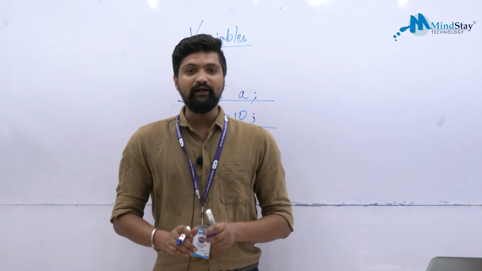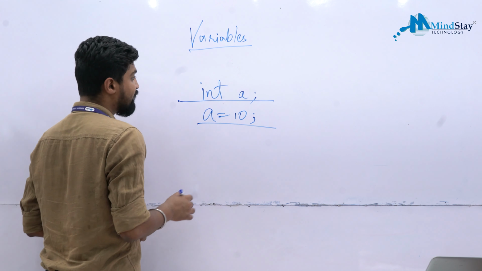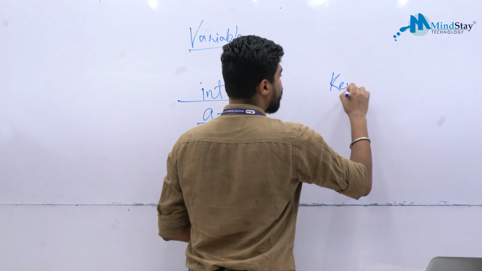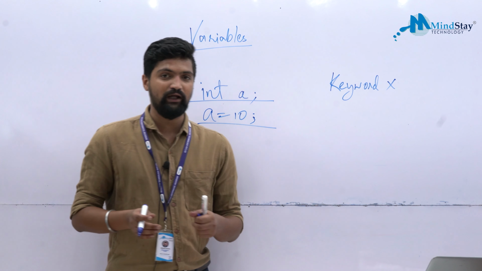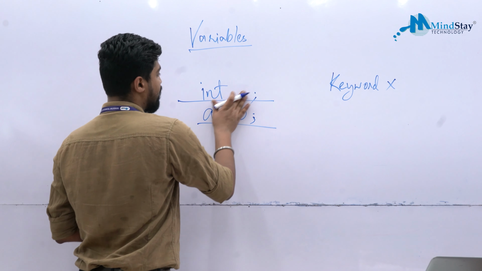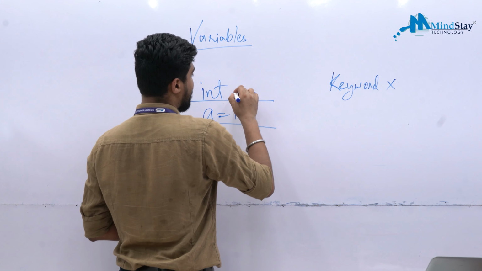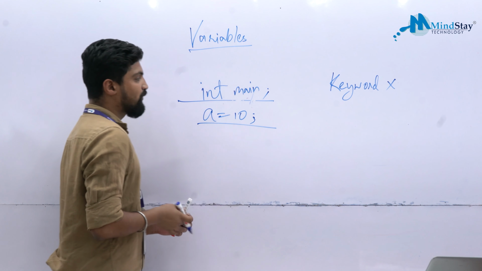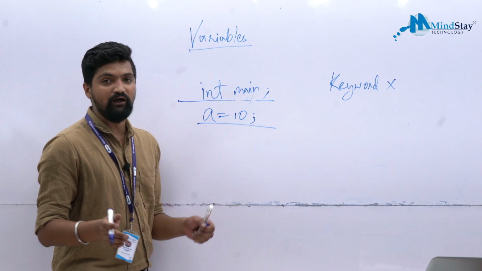Another point is your variable cannot have the same name as a keyword. Your variable cannot have those keyword names. For example, I can't do int main, because main is my main function.